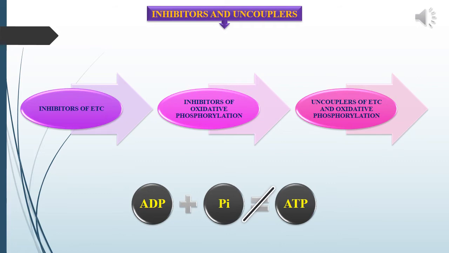What will these inhibitors and uncouplers do? They will restrict the formation of the energy source, that is ATP. Either it blocks the electron transport chain, or it inhibits the phosphorylation process, or it uncouples ETC and oxidative phosphorylation.